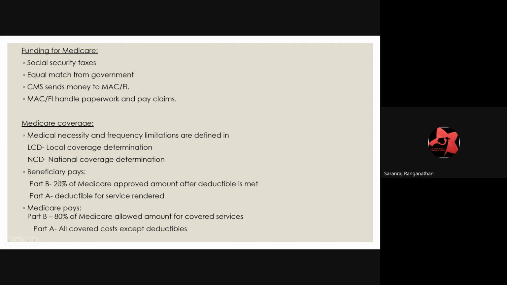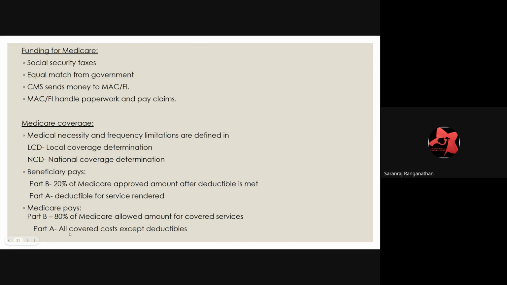Okay. Then next, the beneficiary pays. Beneficiary pays means Part B and Part A will be there. Part B means 20% of the Medicare approved amount after the deductible is met. Then Part A means the deductible for the service rendered. Okay. Then Medicare pays: Part B, 80% of the Medicare allowed amount for the covered services.